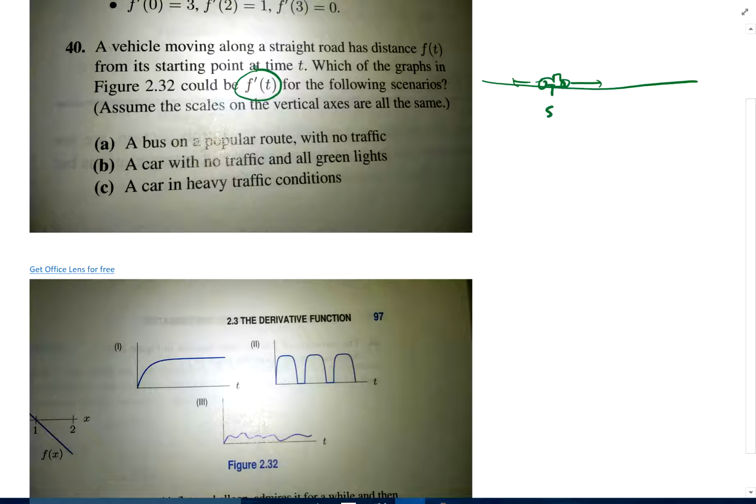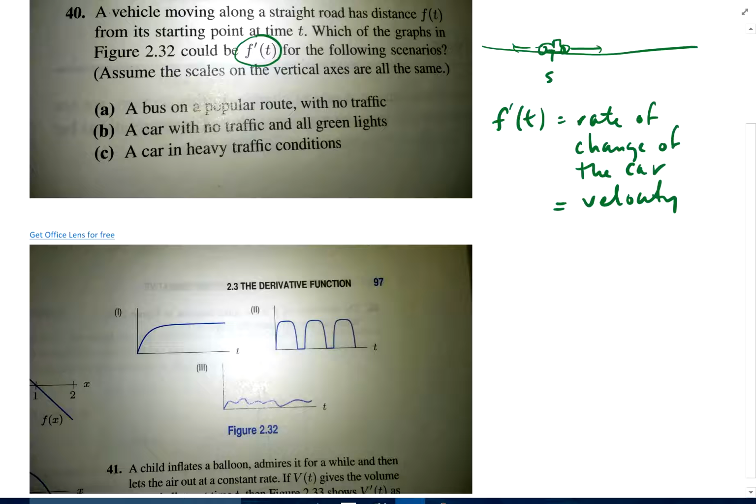Well, what does f prime represent? F prime of t is the rate of change of the car or vehicle, which is the velocity of the vehicle. So we're graphing the velocity when we graph the derivative. So these are all f prime.